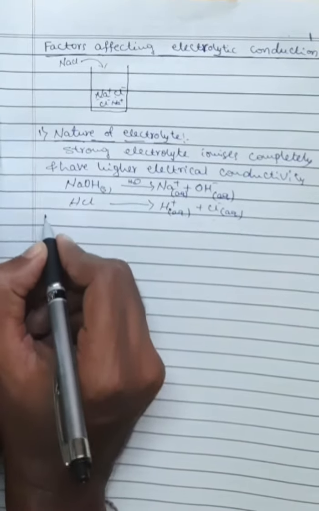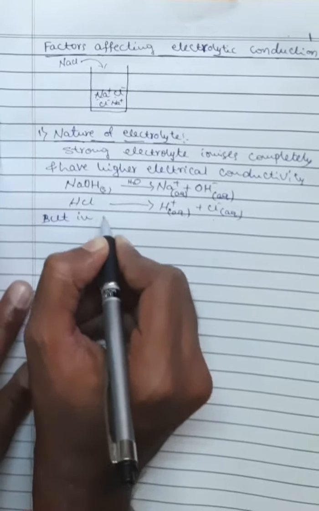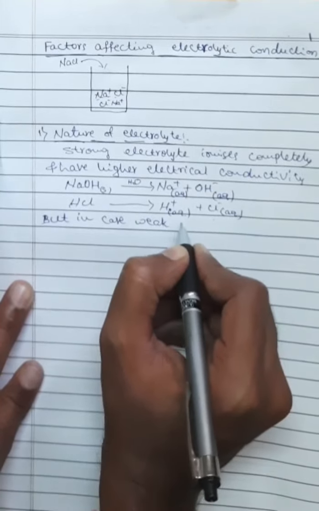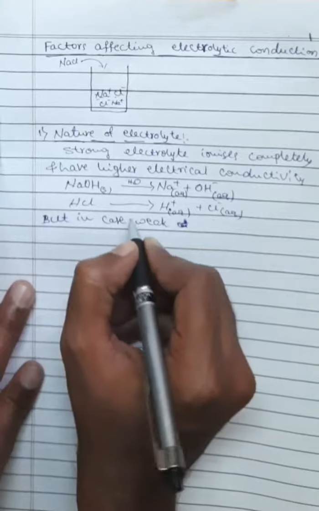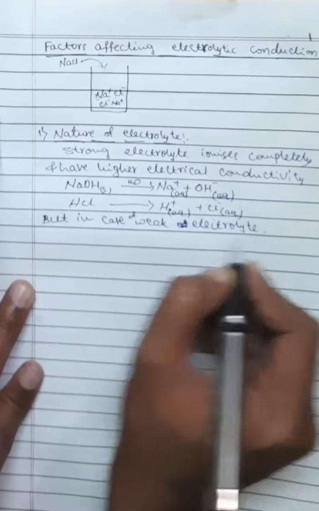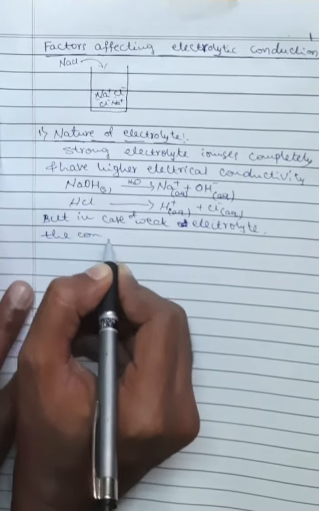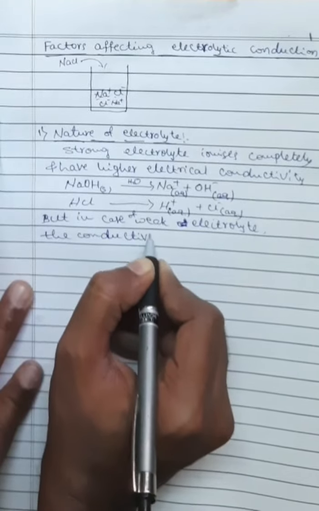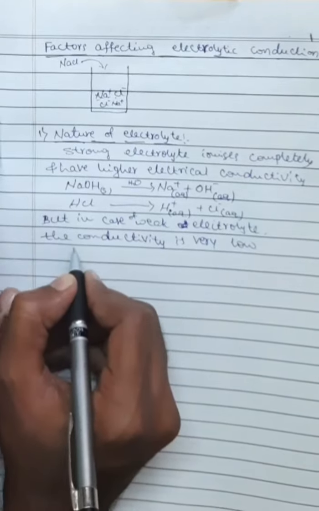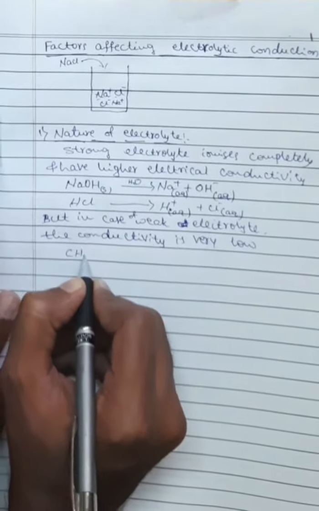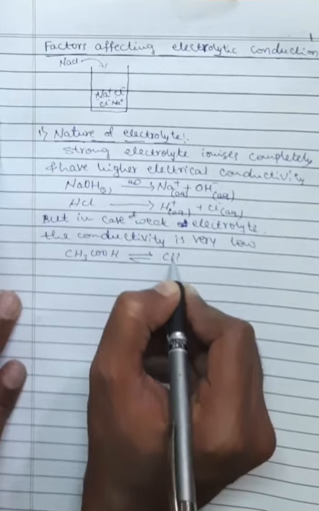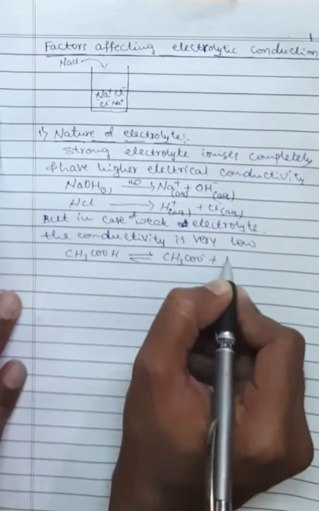But in the case of a weak electrolyte, the conductivity is very low. The reason is, if you take acetic acid, which is a weak acid, when it is dissolved in water it becomes CH3COO- and H+.